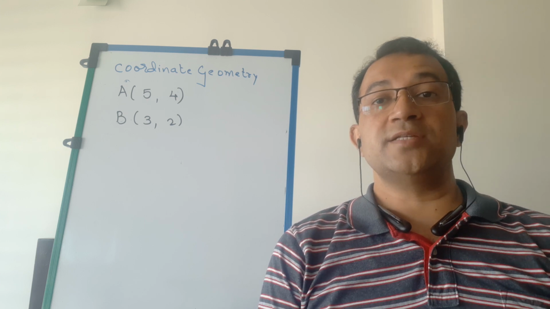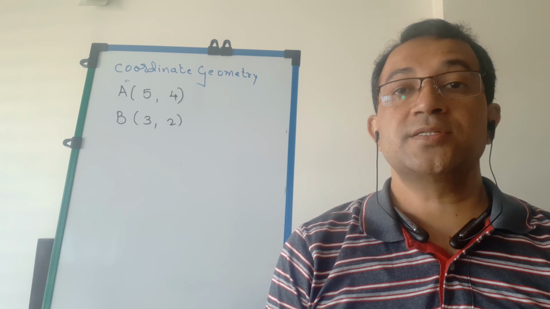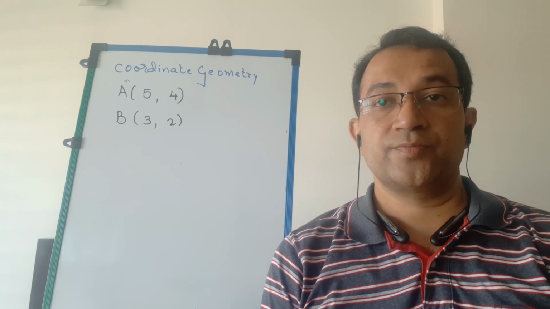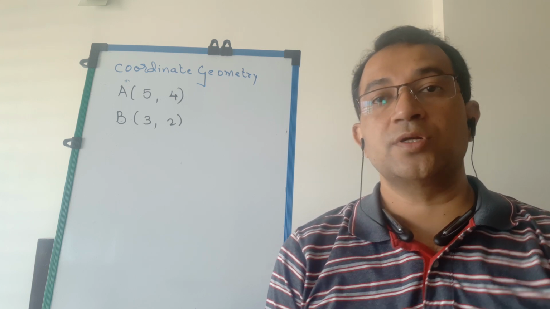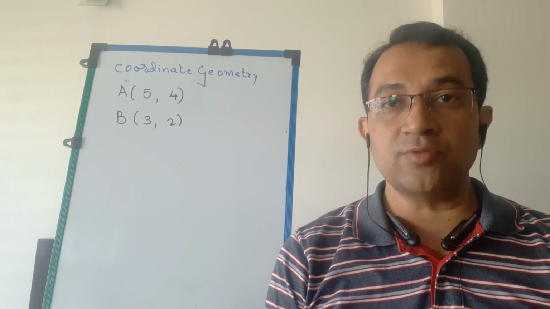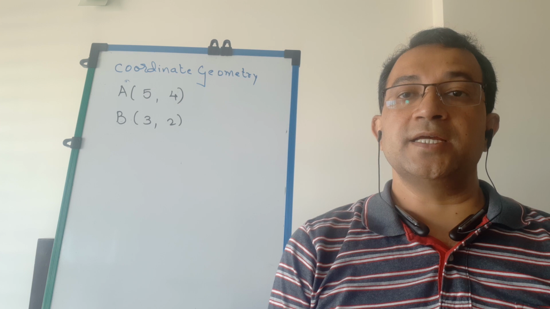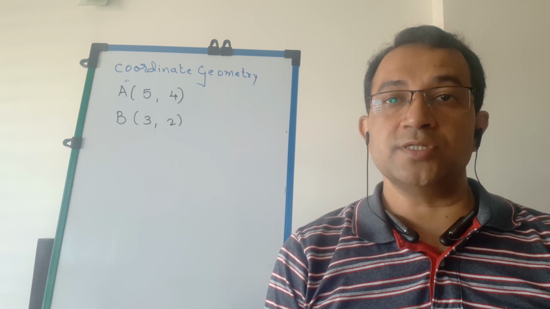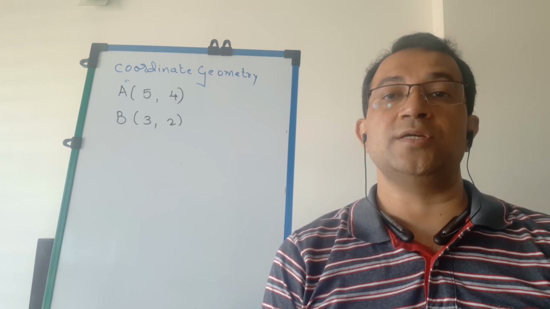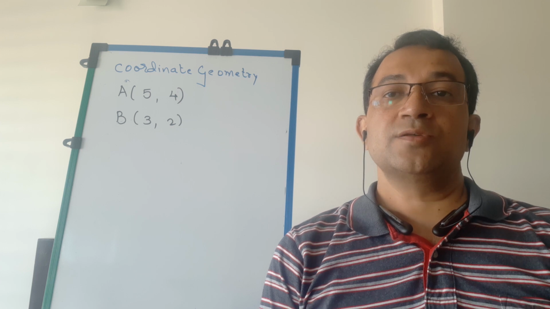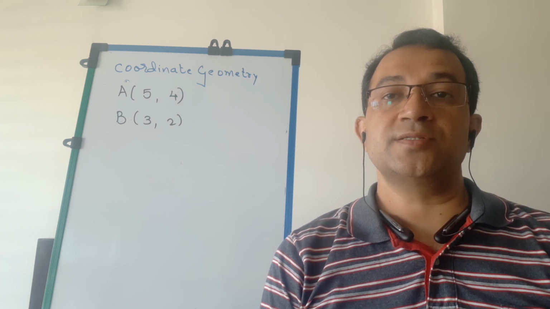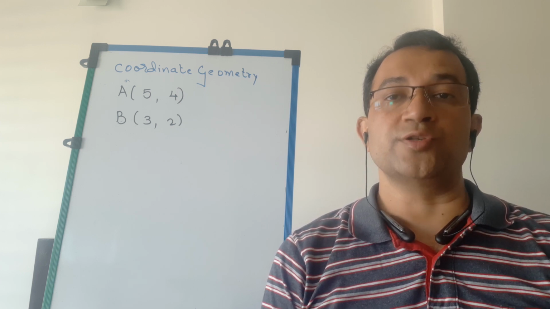Now as soon as I say distance, distance is always positive. Say the distance from Bhavnagar to Ahmedabad or Ahmedabad to Bhavnagar, when I consider taking any one as the starting and another as the ending point, distance is always positive. So whenever I say distance, the answer is always positive.